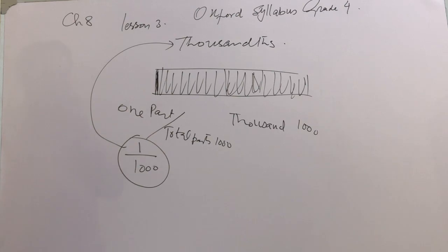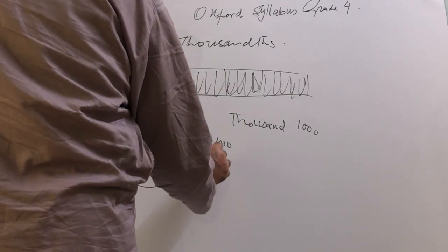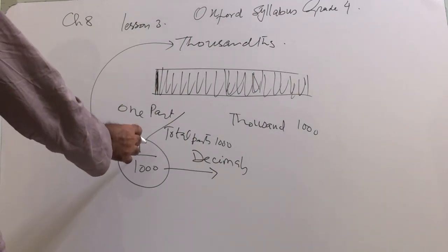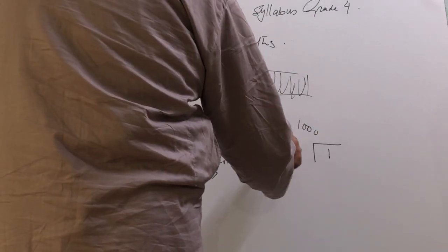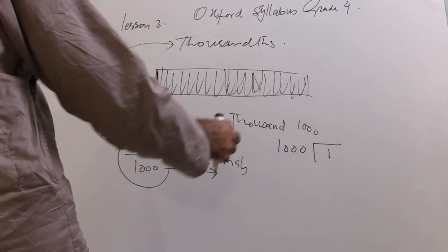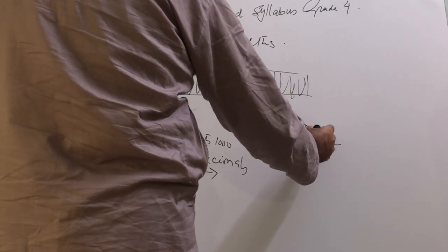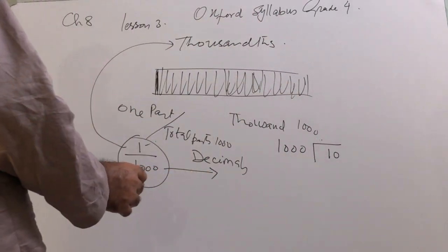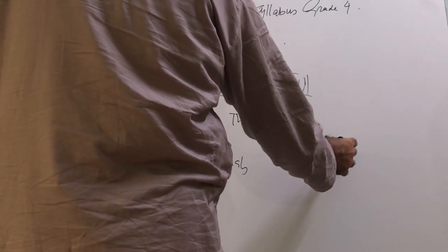Now this is the fraction form of thousandths. We can also convert it into decimals. How can we convert? We will just divide the numerator by the denominator. 1 divided by 1000. This 1 is lesser than this, so first we put a decimal point and we put 0 here. It becomes 10. 10 is lesser than 1000, so we put 0 here and 0 here.